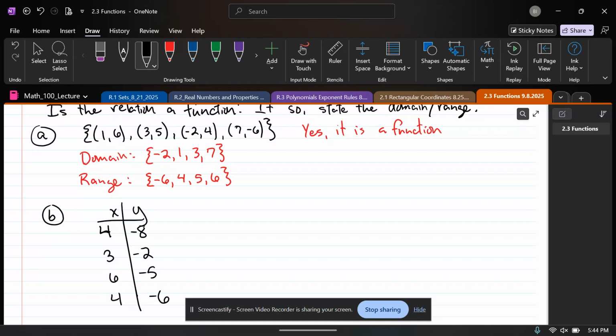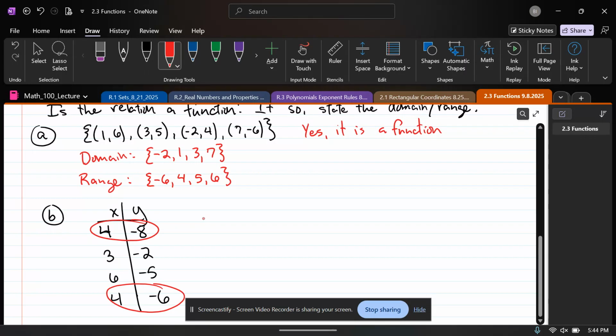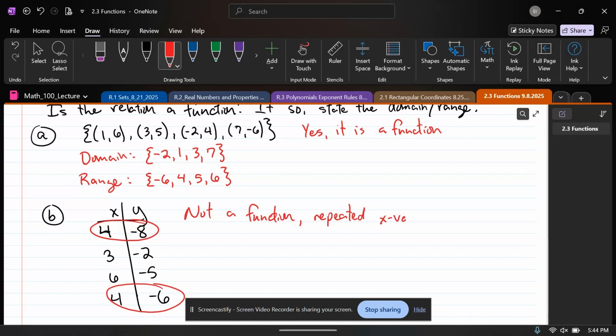So is that particular relation a function? Why not? Yeah, we got that repeating x value, so not a function. Repeated x value. And I'm just going to put in parentheses the 4, the one we saw there.